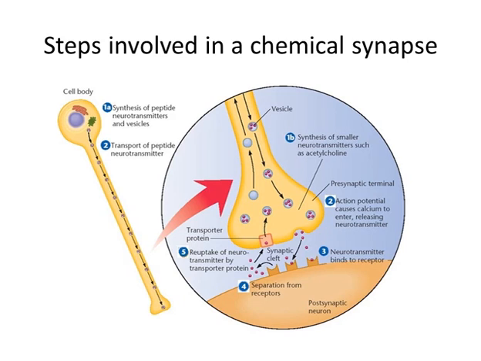The second step is the transportation and release. So certain neurotransmitters, such as acetylcholine, are synthesized in the presynaptic terminal, close to where they are released. However, the larger neurotransmitters, including the peptides, are synthesized in the cell body and transported from there down the axon to the terminal.